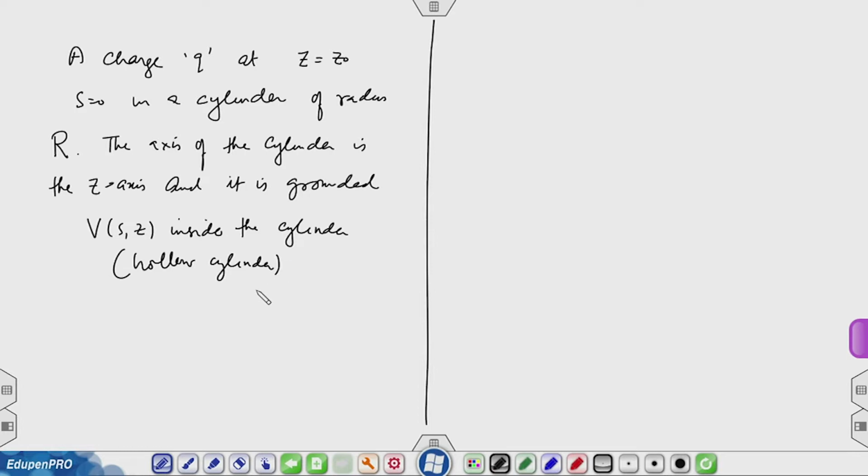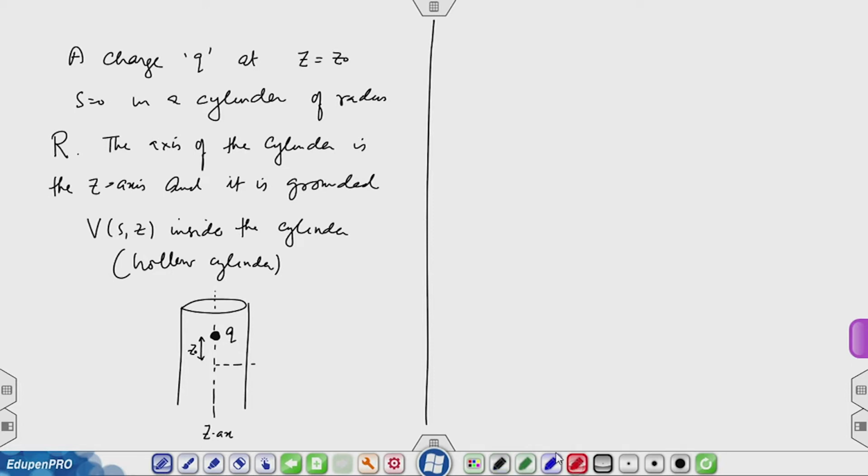So, let me state this problem. The cylinder is of infinite length, its axis coincides with the z axis, and at z equals z0 is a charge q.